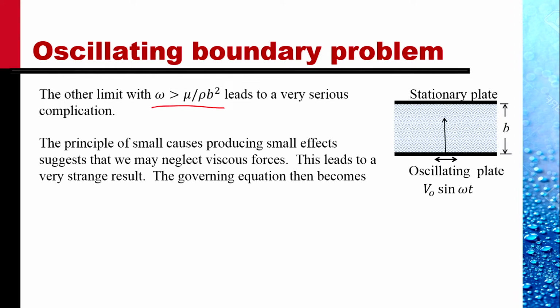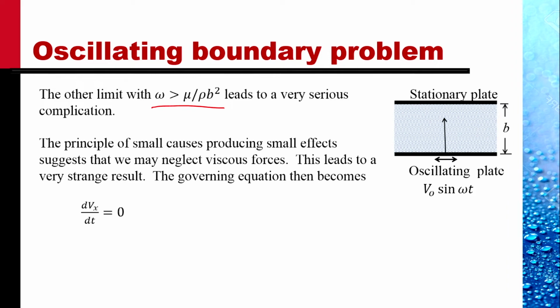If we neglect the viscous forces, that is the right-hand side of our equation, the governing equation then becomes dVx by dt is equal to 0. This is a first order equation, so it admits only one boundary condition.